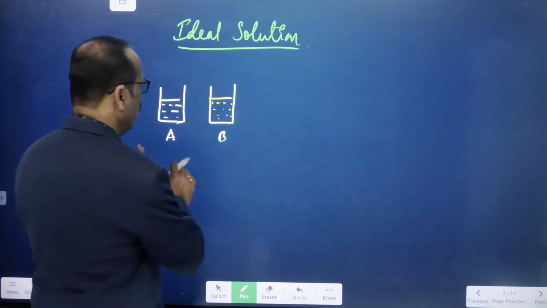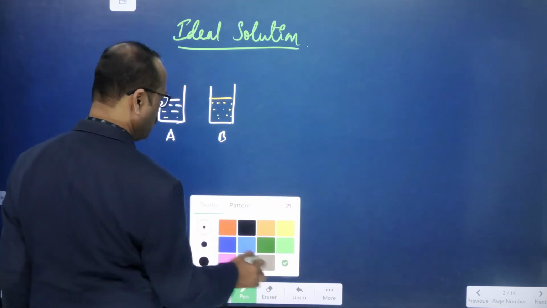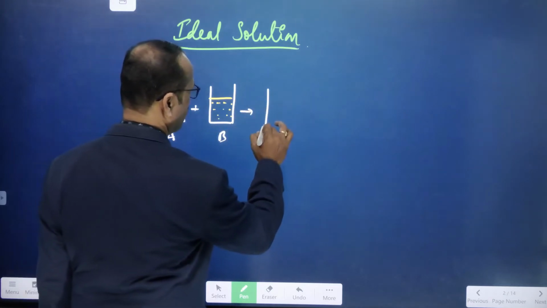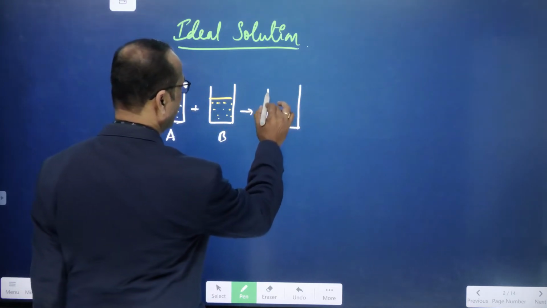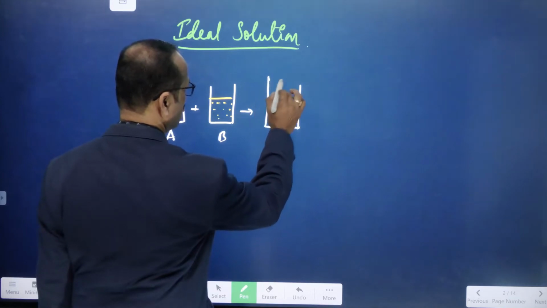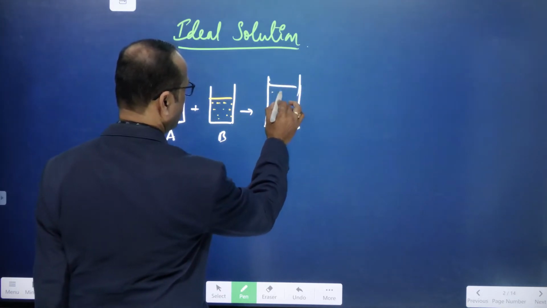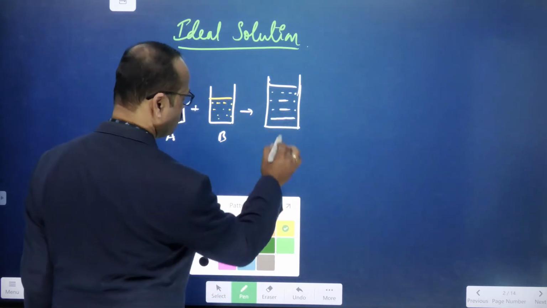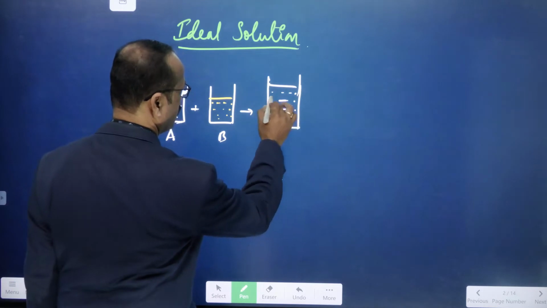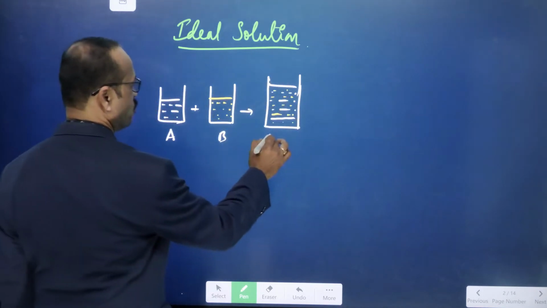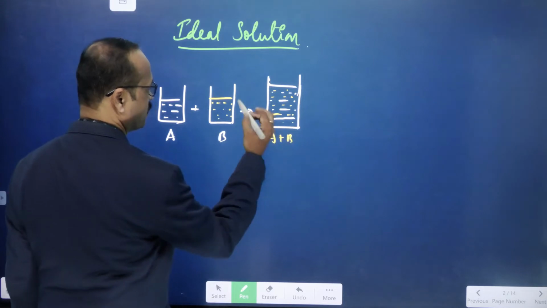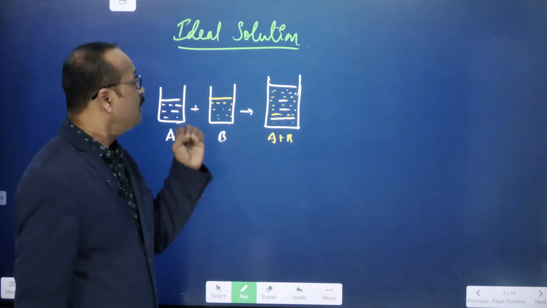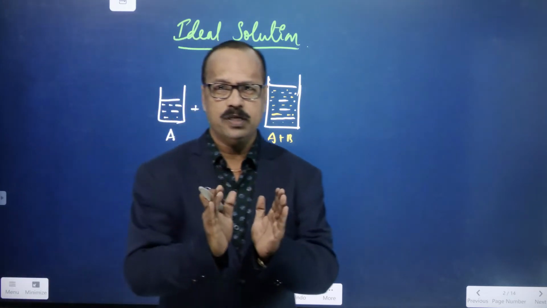Now, if I mix both together, then what happens? I'll get some solution, a mixture of A plus B. For ideal solutions, we have some conditions.